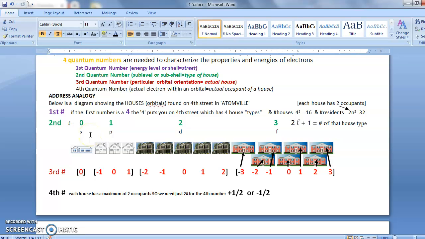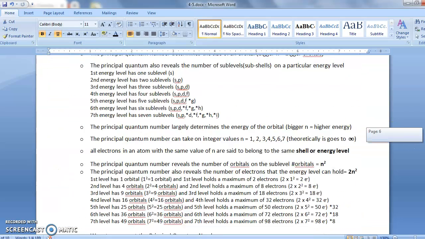I should say that for the most part, that's what they do. But when they start filling the 4th street, they will go to the S first. Then they'll begin filling the P sublevel second. They go to the lowest sublevels on that level first.